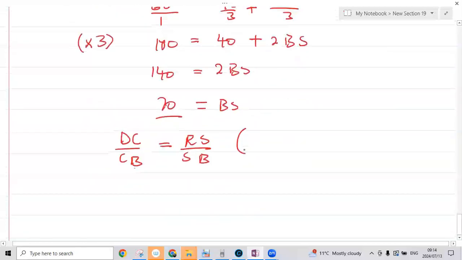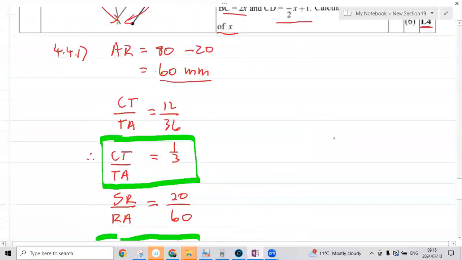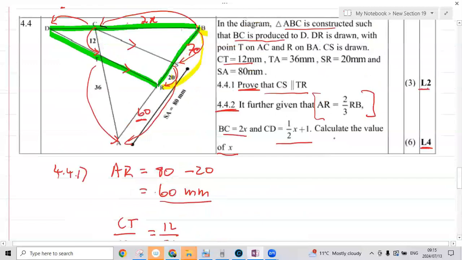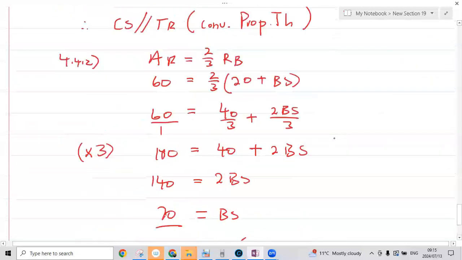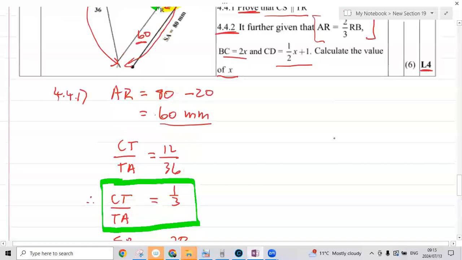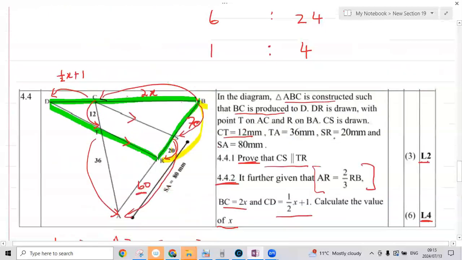And we're going to write down there the prop theorem, and write our pair of parallel lines, which is CS parallel to TR, or DR. Correct? This one, there it is here. CS parallel to DR or TR.